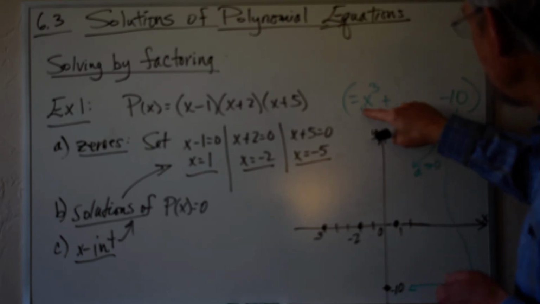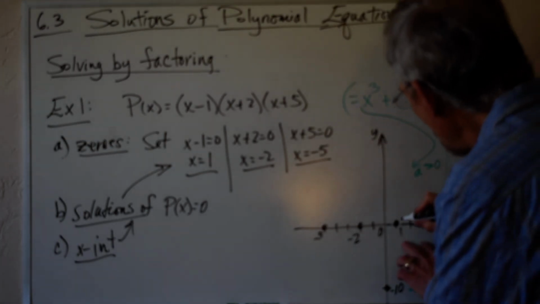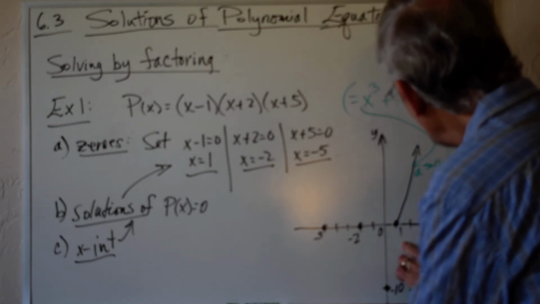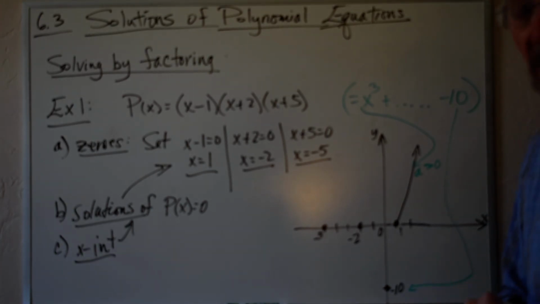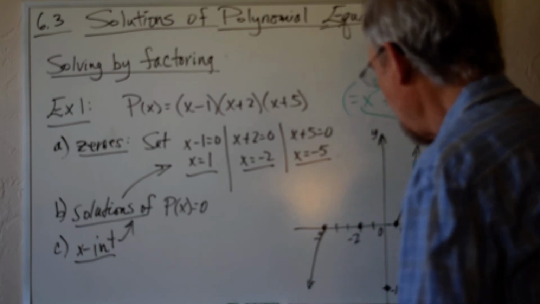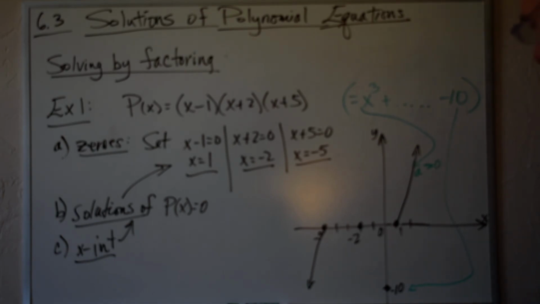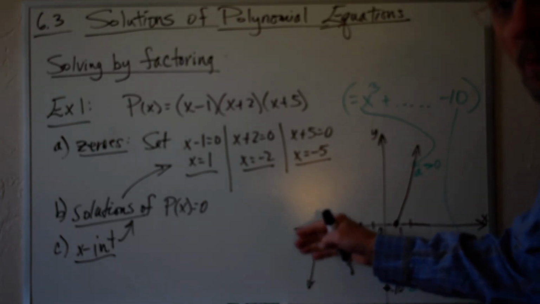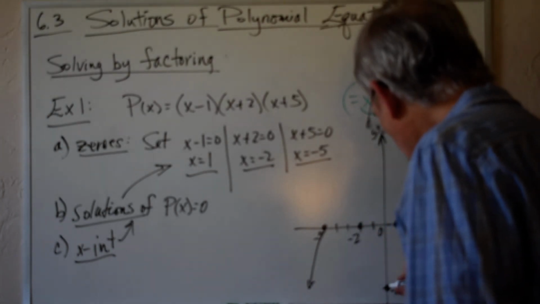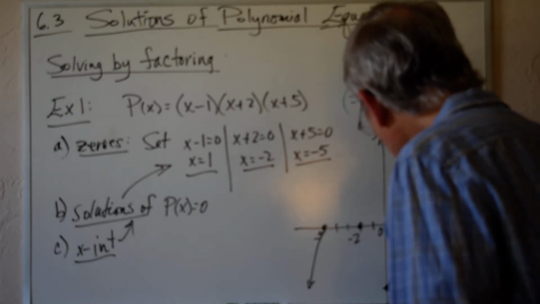One other thing, we see that a is the invisible 1, so since it's greater than 0, we know the polynomial is going up like that, and going down like that. Since it's an odd powered polynomial, you're always going to have one end going down, one end going up. It also goes through the x-axis, so we can add that.